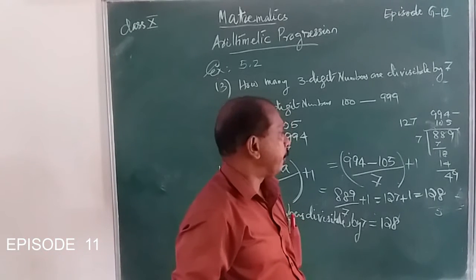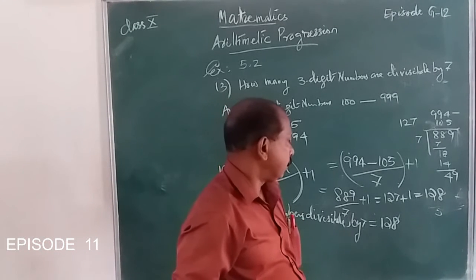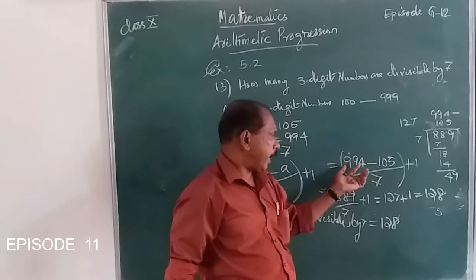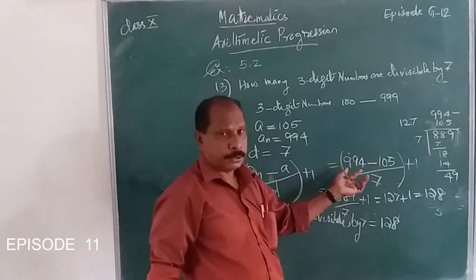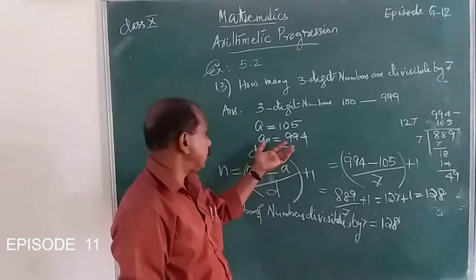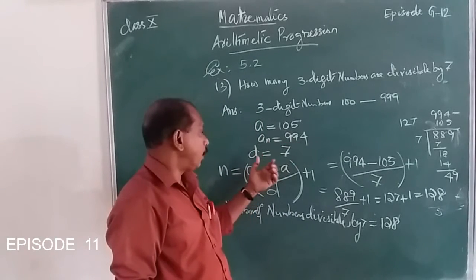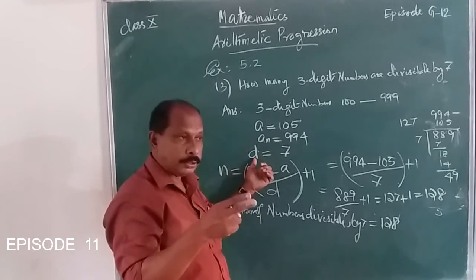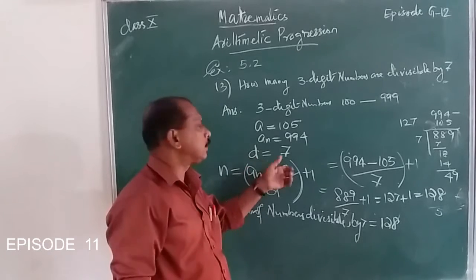We can divide 999 by 7. 999 is not divisible by 7. 994 is divisible by 7. Therefore, the last term is 994. Then D is the common difference, that is 7.